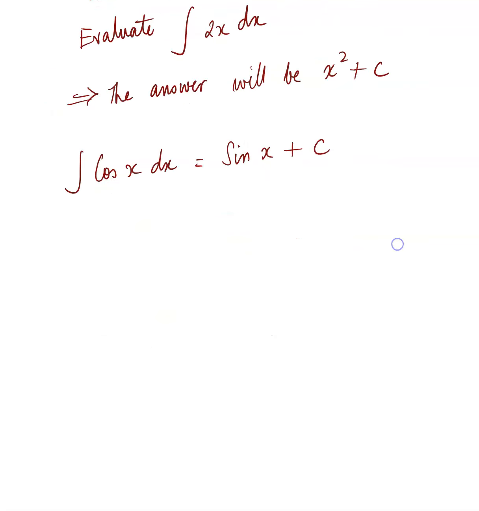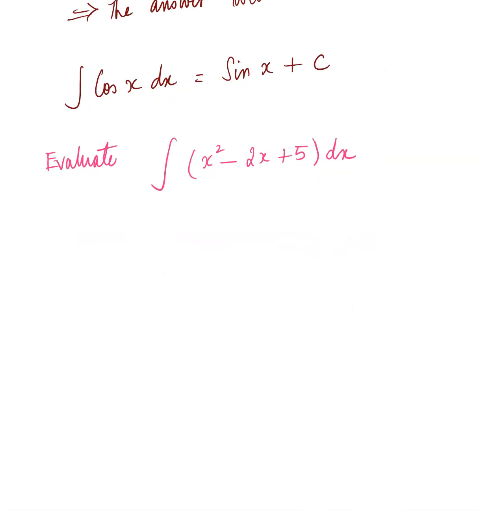So let's do a couple of problems now of this type. Evaluate the integral of x squared minus 2x plus 5 dx. See how crisp and concise it is? We're basically finding the antiderivative, so understand that here n is 2, 1, and 0, and it's all the power rule that we're using, in reverse.